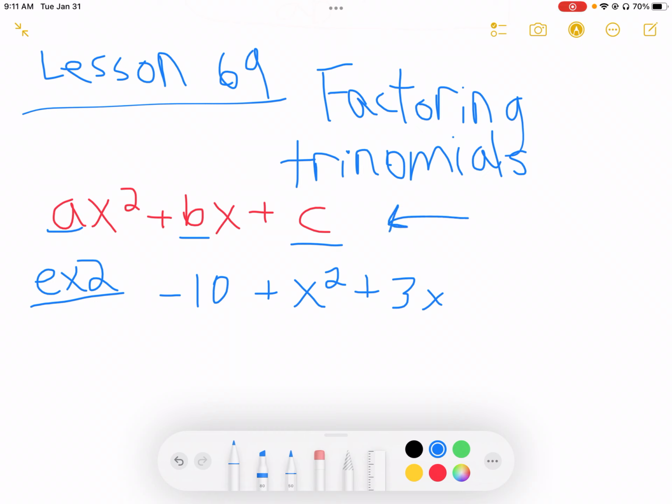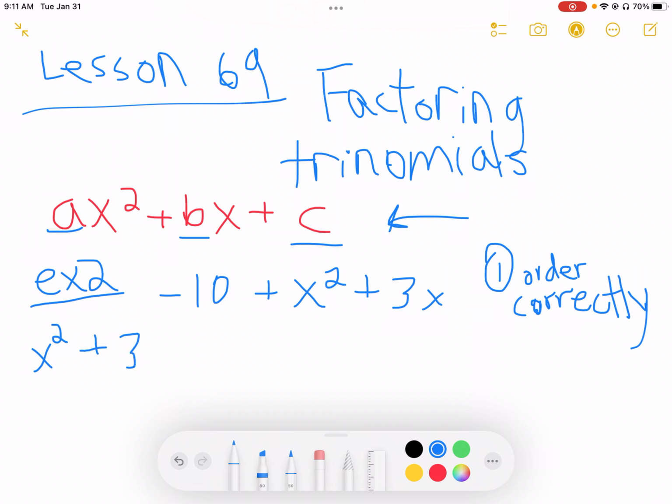So that's the first step: order correctly. The pen here doesn't work very well to draw neatly, but anyway, order correctly. So I can do that: x squared plus 3x minus 10. Okay, so it's ordered correctly.